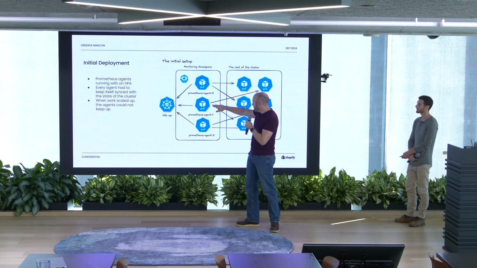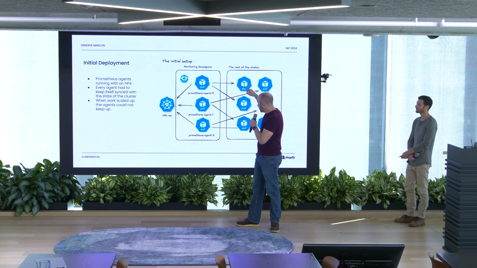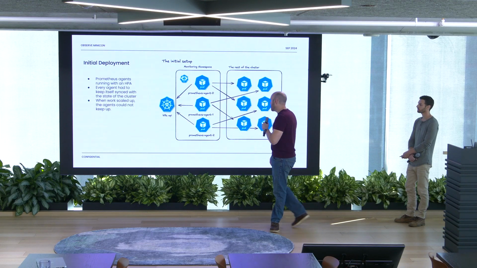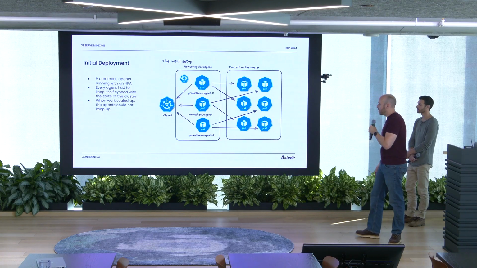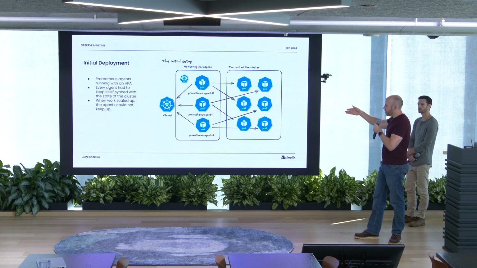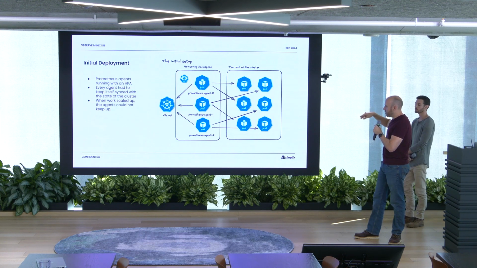Each pod talks to the Kubernetes API, filters down the target list, and then is in charge of scraping metrics from its particular targets. We built some sidecars to essentially make each pod aware of the size of the replica set. So we can then say we've got 3 agents, take 1/3 of the targets and scrape those.